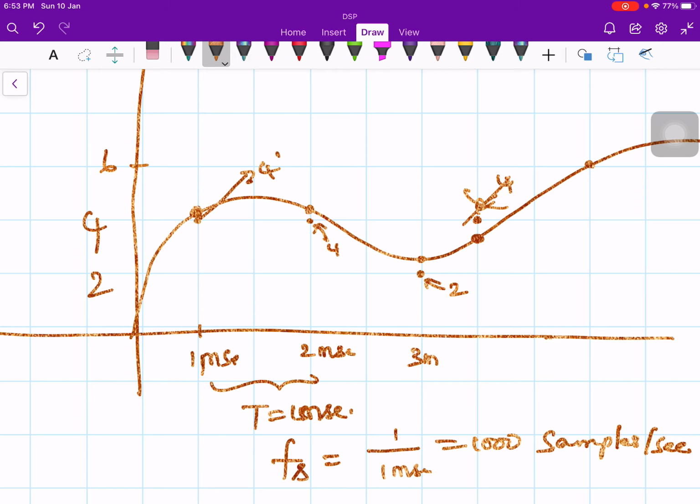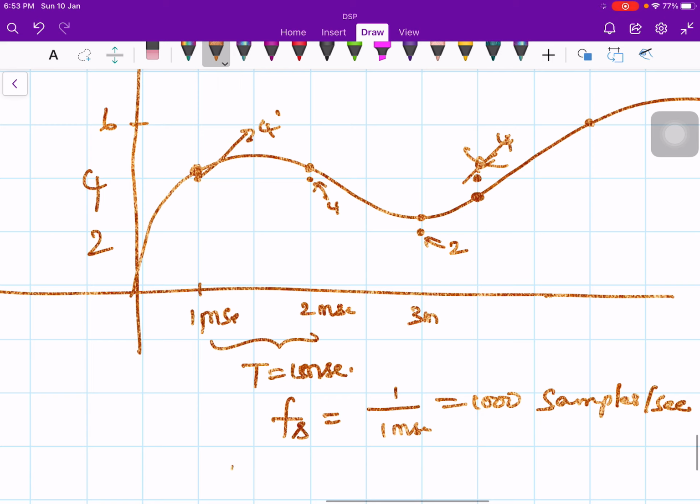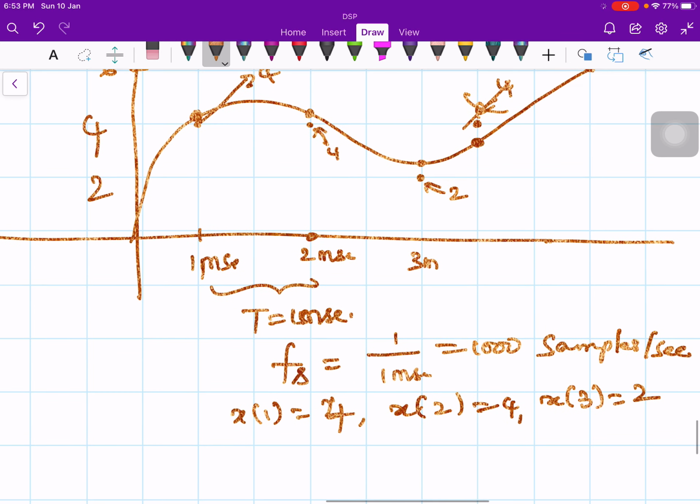And it's a sequence of numbers. Why is it a sequence of numbers? See, x of 1 is equal to 4, x of 2 is equal to 4, x of 3 is equal to 2, x of 4 is equal to 6, and so on and so forth.